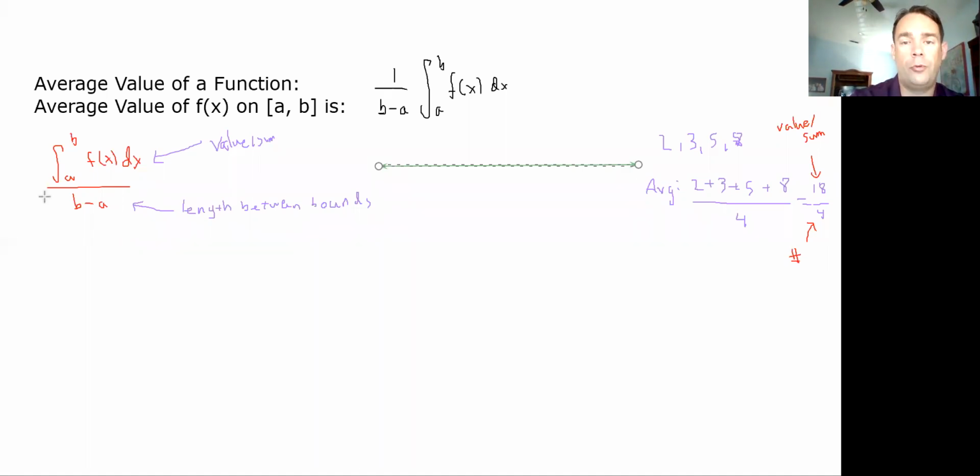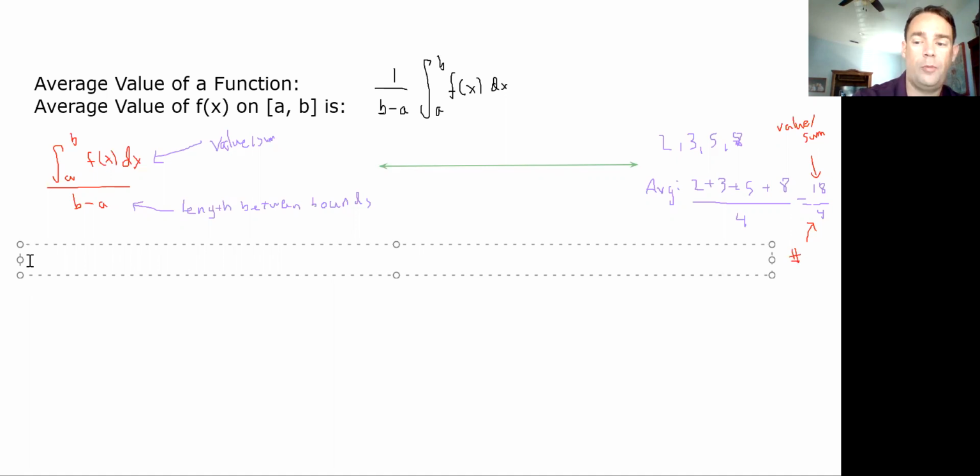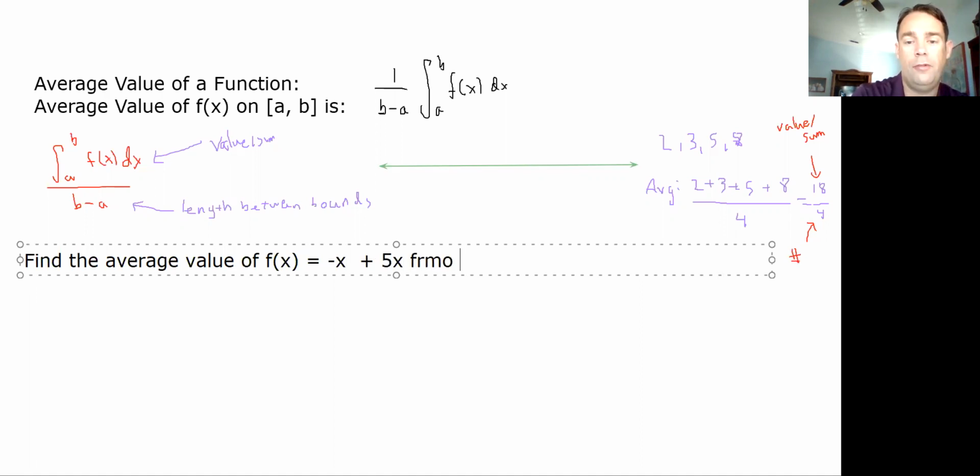So let's end real quickly where we actually deal with one of these. You can play with it a little bit, try it a little bit, and you'll have some of it on your homework as well. All right, final problem. Find the average value of f of x equals negative x squared plus 5x on the closed domain from 0 to 4.